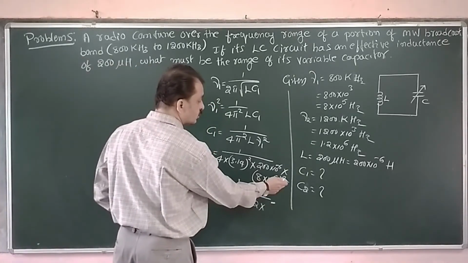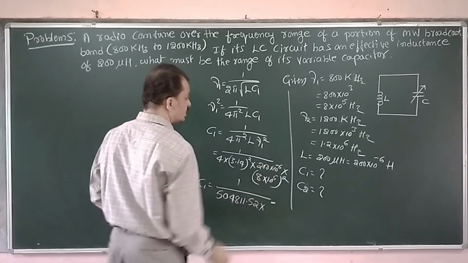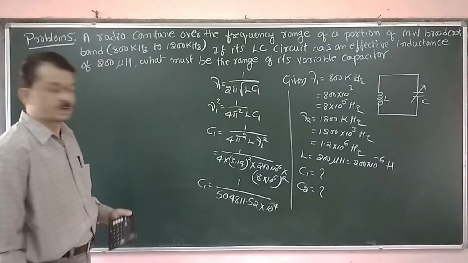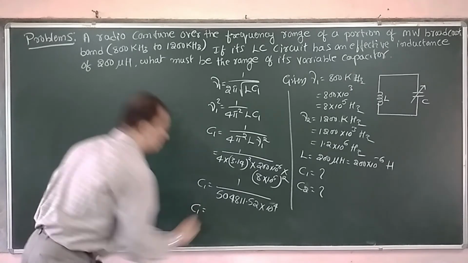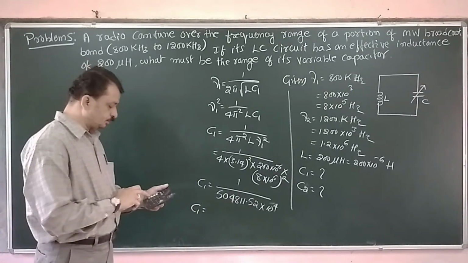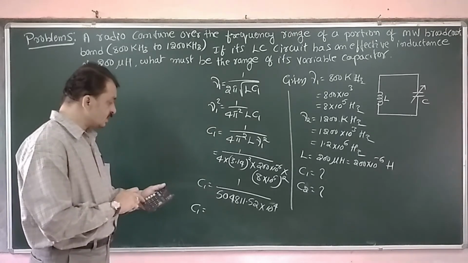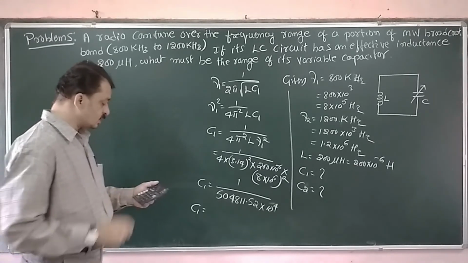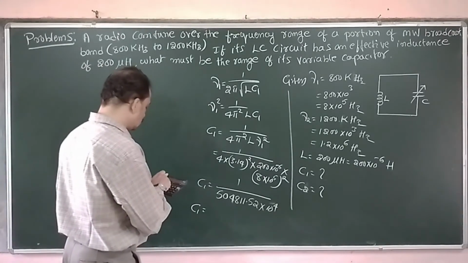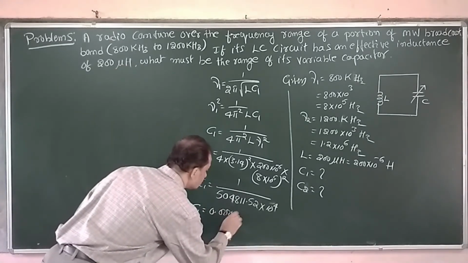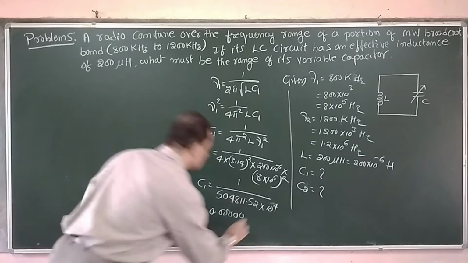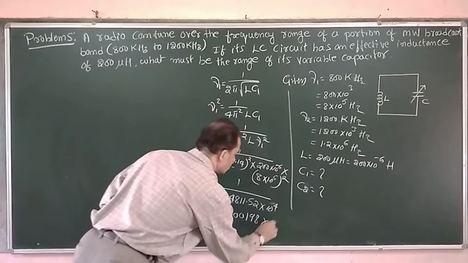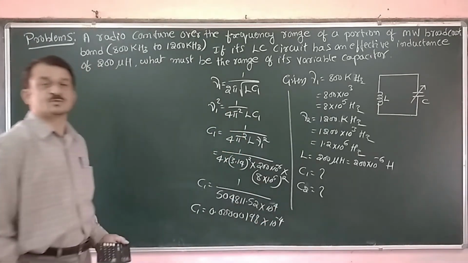10 to the power of 5 whole square is 10 to the power of 10, minus 10 to the power of 6. Therefore it is 10 to the power of plus 4 in the denominator. That is equal to, if I work out 1 divided by 504811.52, that is equal to 0.0000198, into 10 to the power of plus 4 goes to the numerator, therefore it is minus 4.